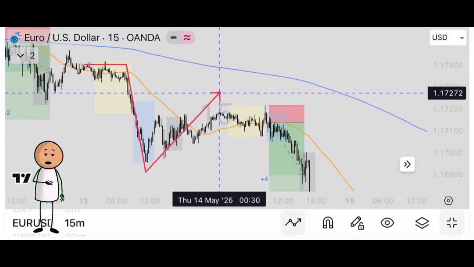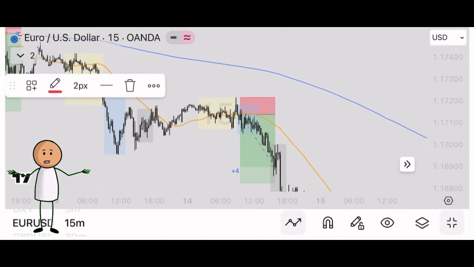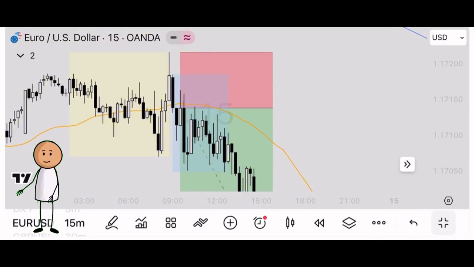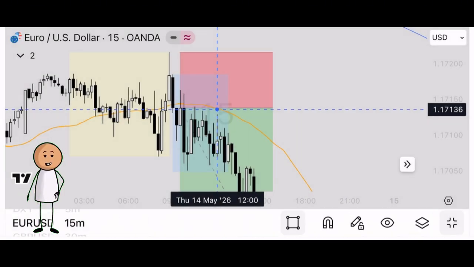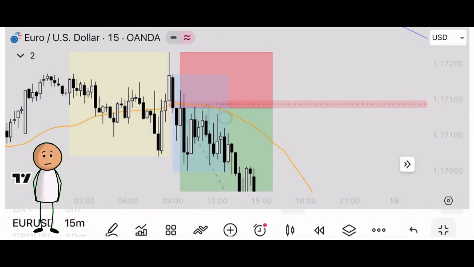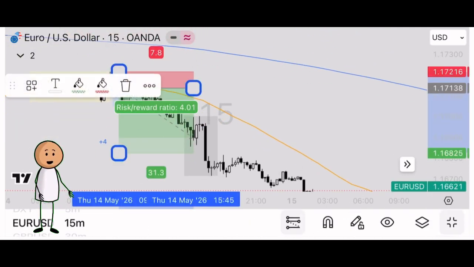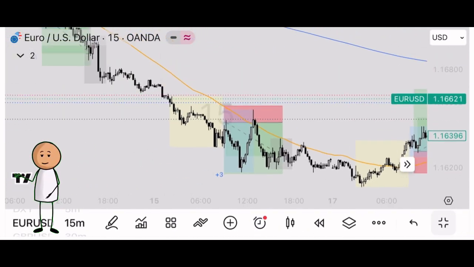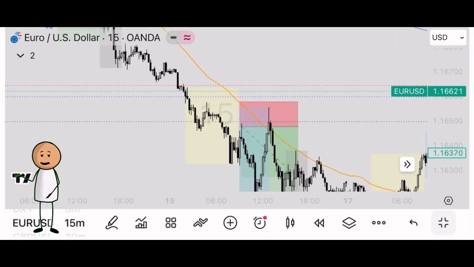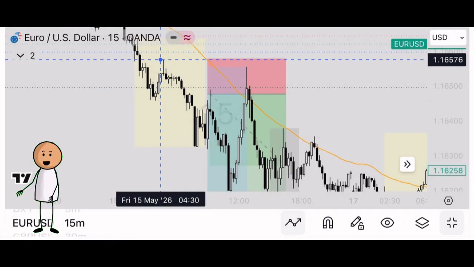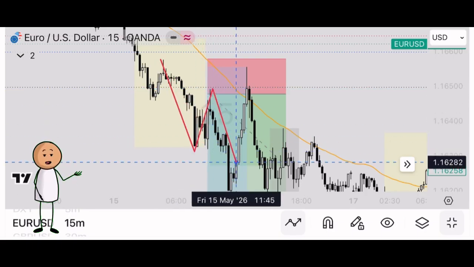So I enter my trades from 9 a.m. my African time, UTC +2, because I live in Zimbabwe. So I enter my trades between 9 a.m. and 12 p.m. If any entry comes after that, I don't enter it.